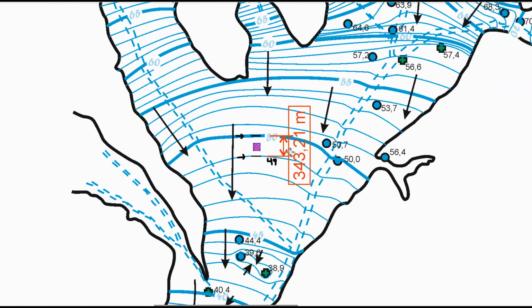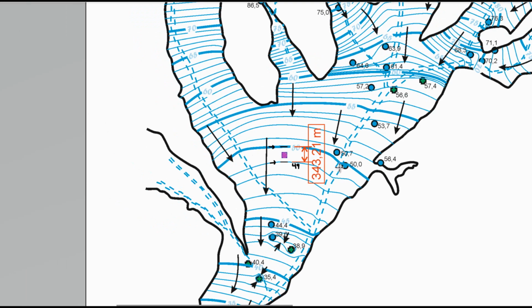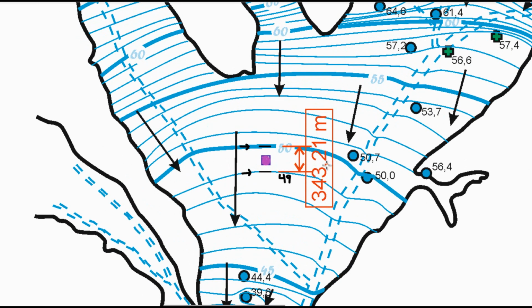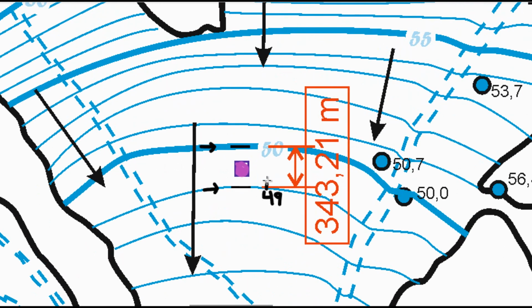The distance between these contour lines is 343 meters. Let's calculate the hydraulic gradient for this area, from here to here.